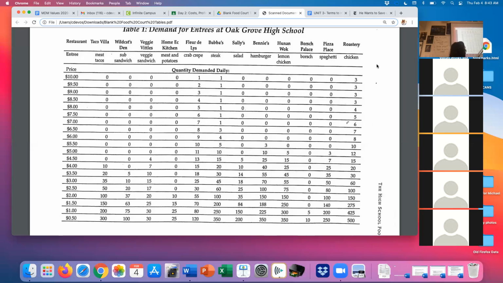All right, here's one that's kind of interesting though. Ye Olde Borscht Palace. No matter the price, do you notice? No one is willing and able. When we say there's a demand for it, it means they're willing to buy it and they're able to buy it. No one wants to buy the borscht entree until it's $1.